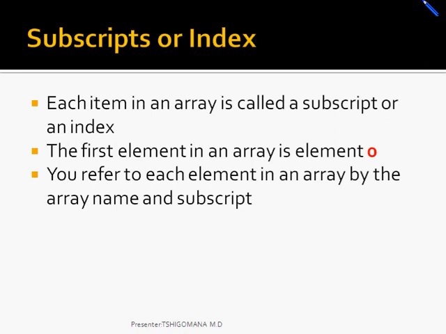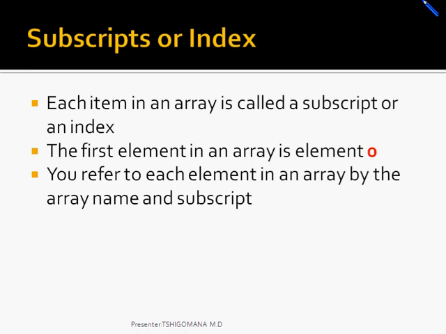If we have 100 elements in an array, the lowest array element is element number 0, whereas the highest element will be 100 minus 1, that is 99. If we have 1000 elements in an array, the first element is element number 0, which means the highest element will be element number 999.